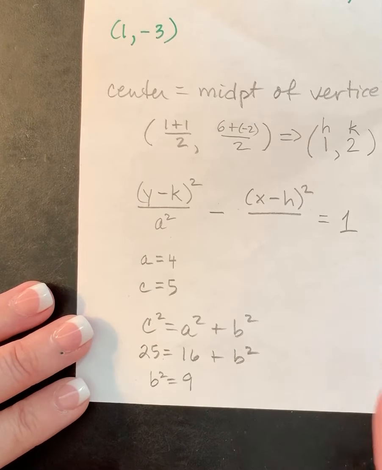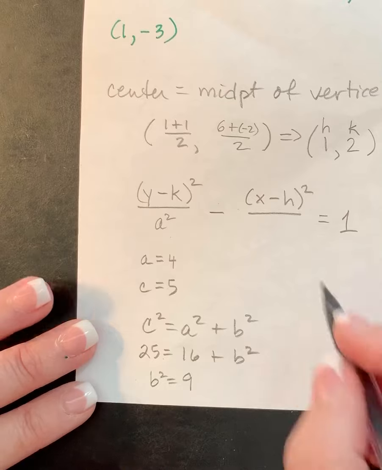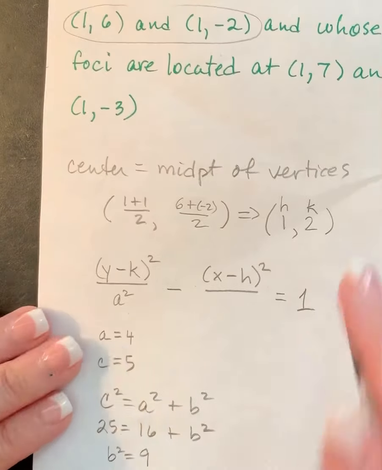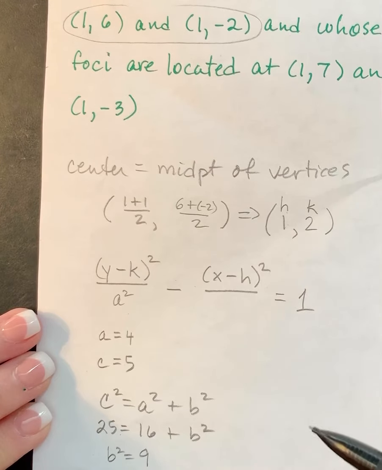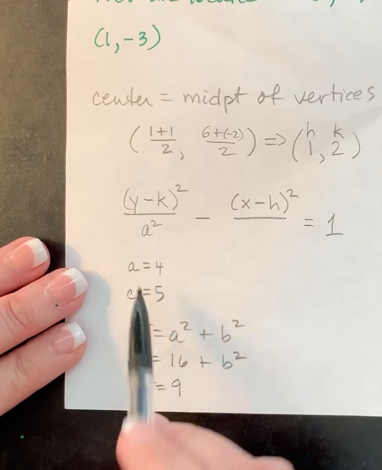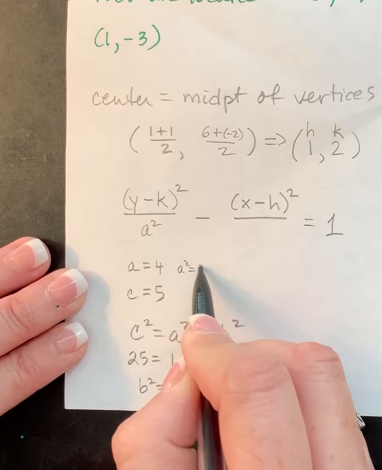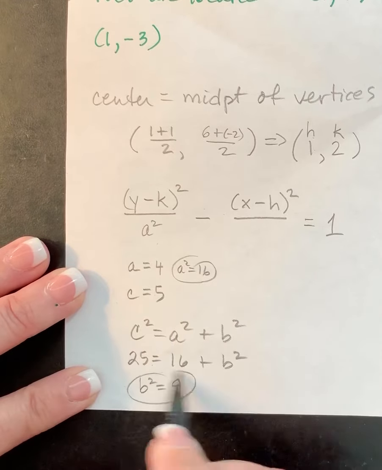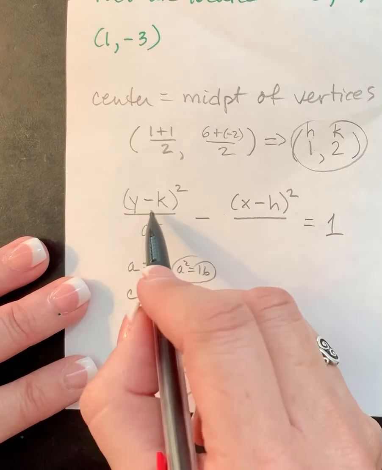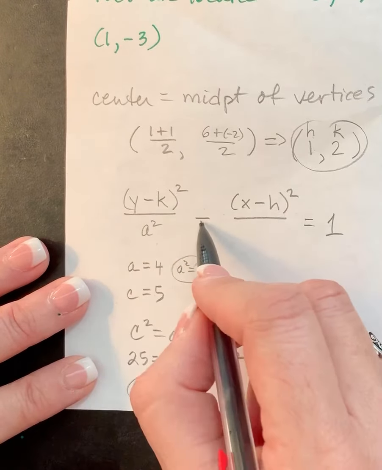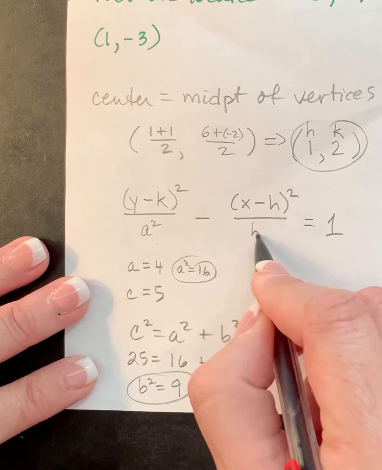Okay, so we pretty much have everything we need to know. We know that the center is 1, 2, so h is 1 and k is 2, and we found that a was 4, so a squared is 16, and b squared is 9. Those are the things we need to put into the form y minus k squared over a squared minus x minus h squared over b squared.